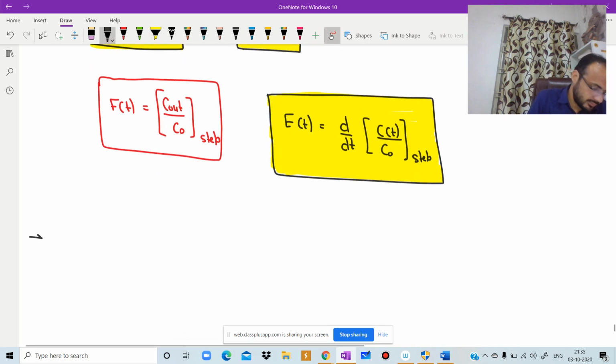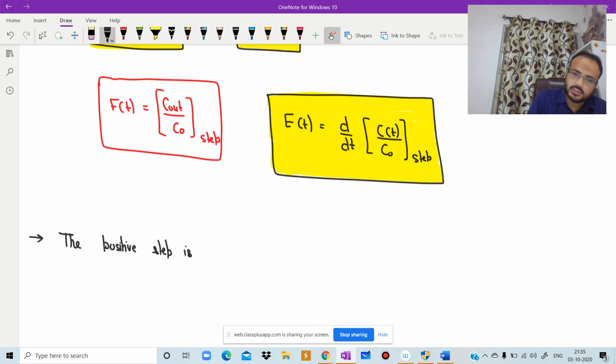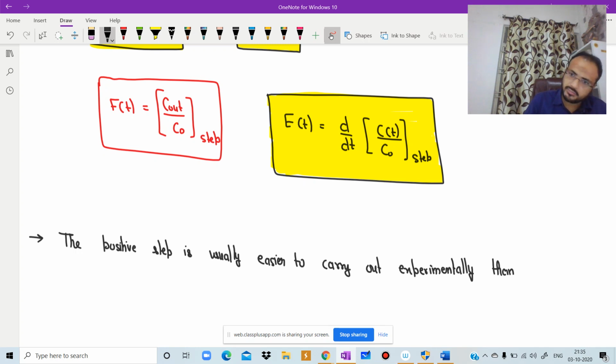So write down the next point. The positive step is usually easier to carry out experimentally than the pulse test.